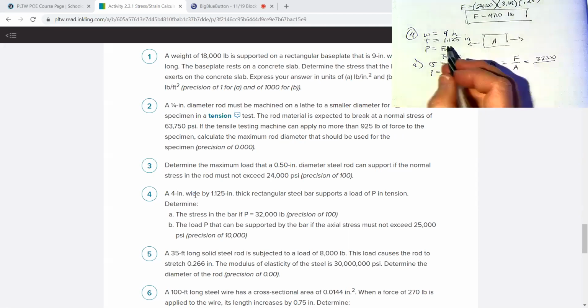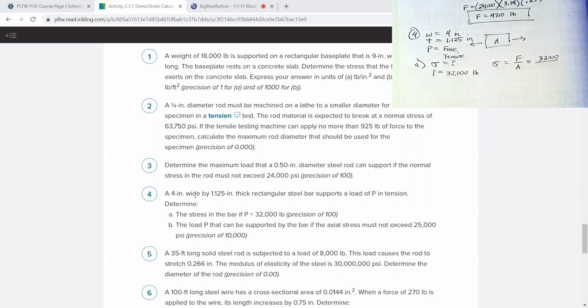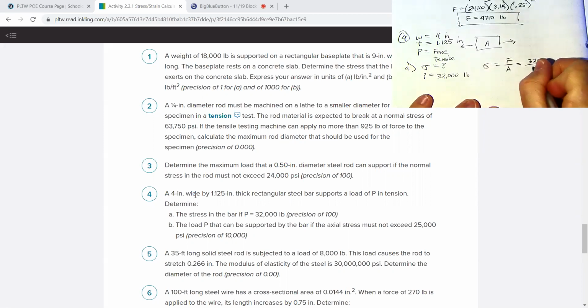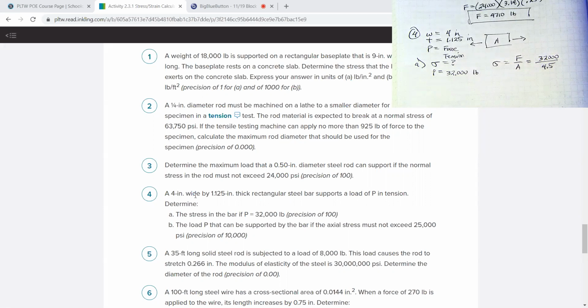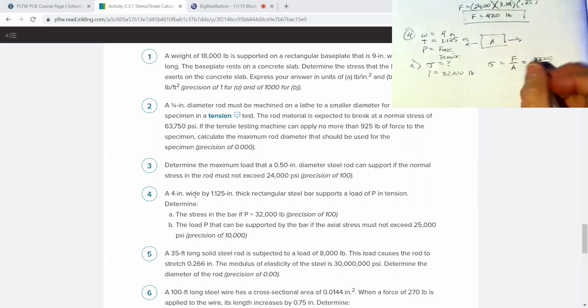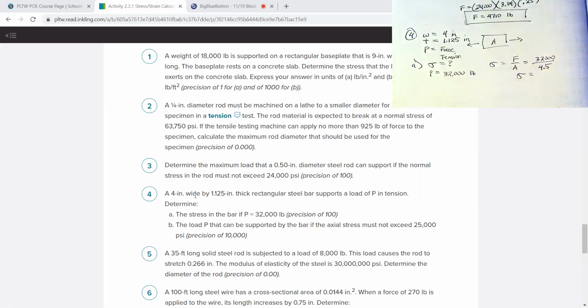And then the area is not 4, the area is not 1.125. The area is those two multiplied together. Hey Siri, what is 4 times 1.125? 4.5 is the area. Okay. And then that looks pretty straightforward here. That's a sigma.